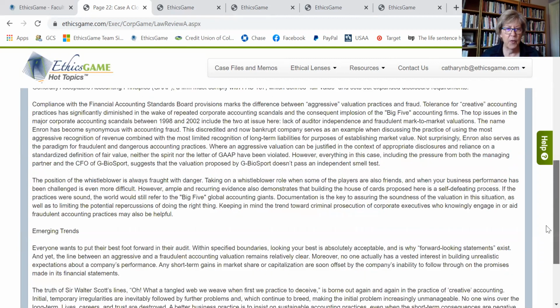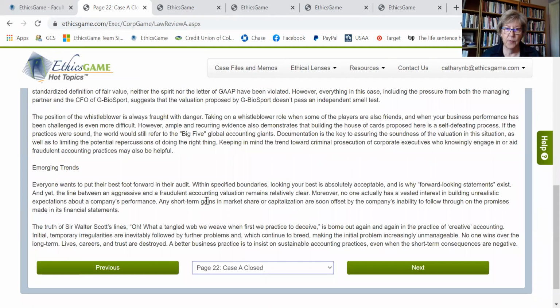The other part that we want you to pay attention to is emerging trends. As we begin to see where people are violating the rules, as we begin to see new situations where we have different rules, then we wind up having to understand what's going to be happening in the future. As we go through great changes, as we have new circumstances arise, as we have new challenges as human beings, we have different responses that flow from them.